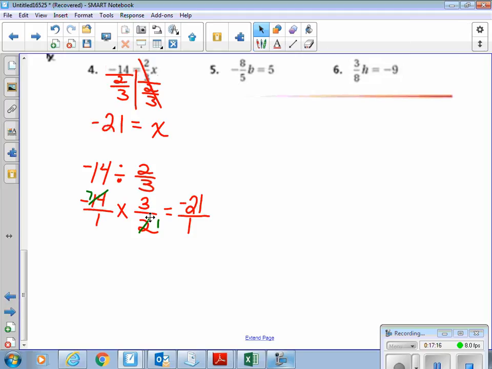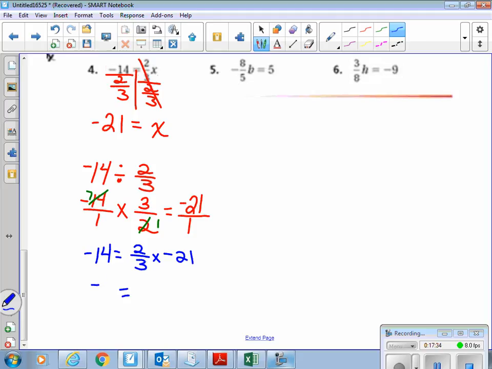You should then always go back and substitute to check. So we have negative 14 equals 2/3 times negative 21. A negative and a positive here on the right side is definitely going to give me a negative, so that's a good sign so far. I'm looking at the 3 and the 21. Remember, 21 we can simply write over 1.